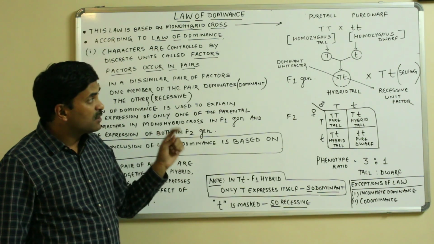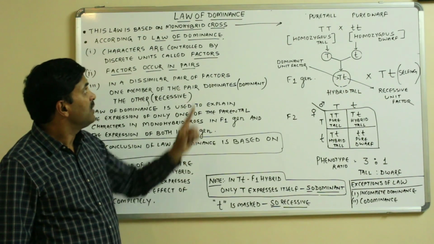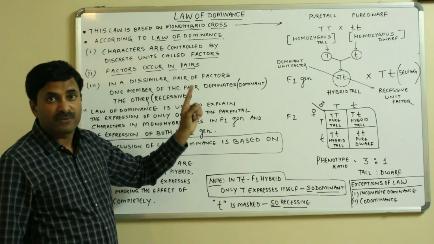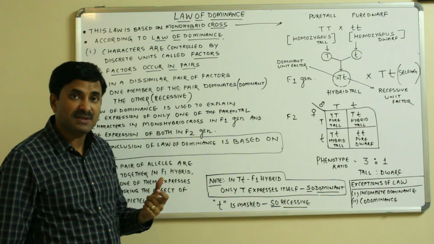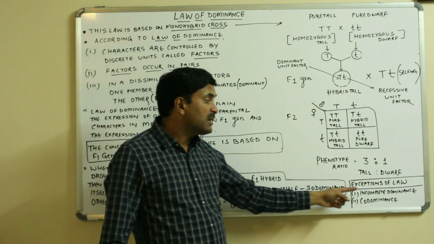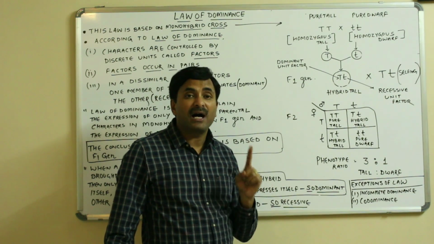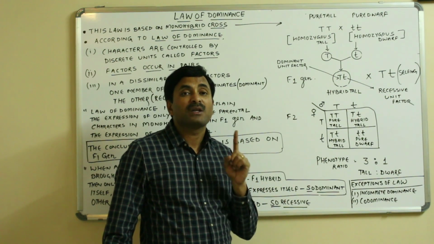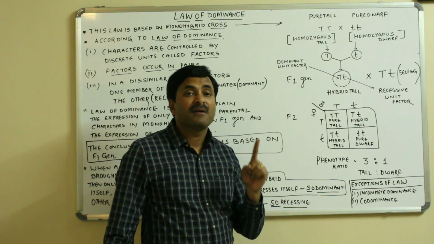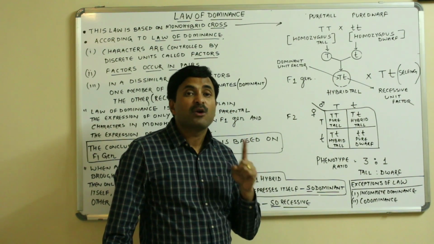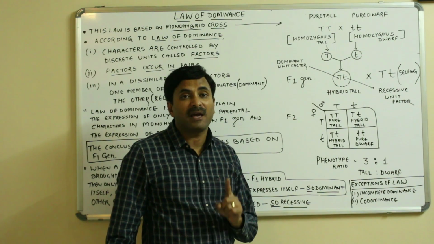But you must remember one more thing: the law of dominance is not a universal law and it has certain exceptions. For example, incomplete dominance and codominance are exceptions to the law of dominance. It means that in incomplete dominance and codominance, the law of dominance is not applicable.